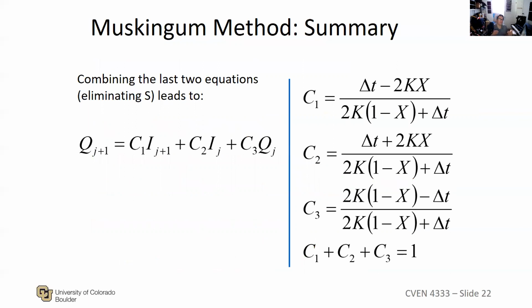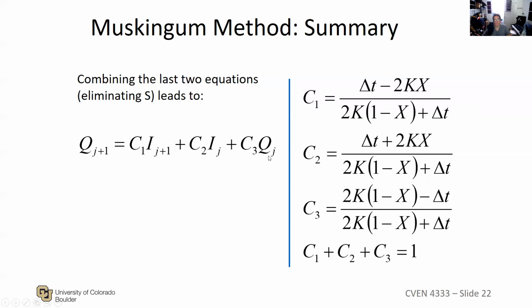And that's what we have here. Once you combine those two equations, you can create these easy coefficients that add up to 1. Those coefficients are essentially a weighted average of the information that you already know. One more time, remember that we know what Ij plus 1 is, and Ij, because we know I for all time.